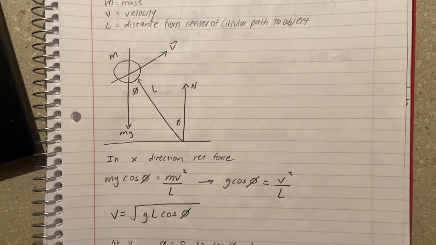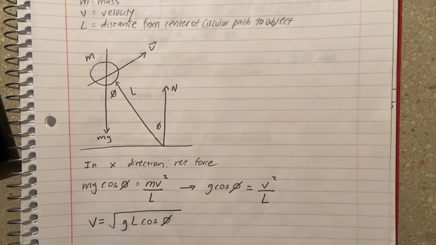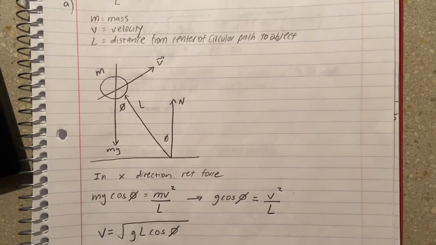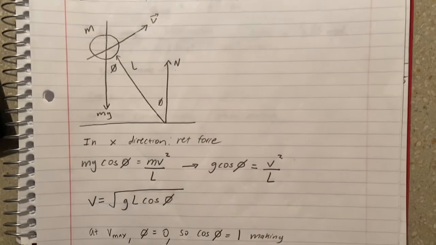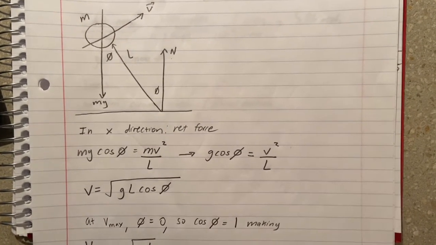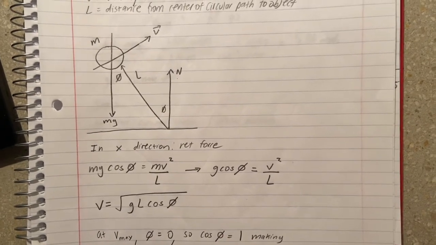And just through some simplification, we find that g cosine theta equals v squared over L, and that's just from eliminating the m variable. And once we isolate v, we get that the square root of gL cosine theta is equal to the velocity.